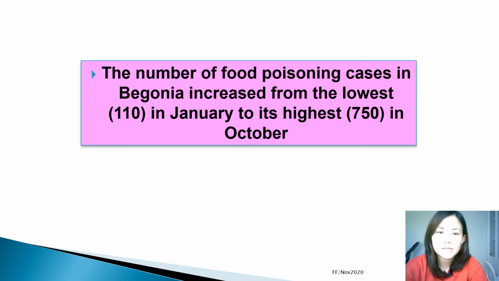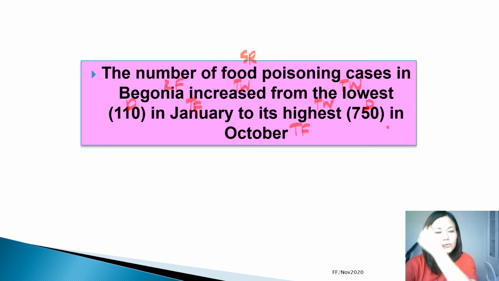How about this one? Number of food poisoning cases in Begonia increased from the lowest in January, 110 in January, to its highest, 750 in October. So the subject reference is correct. Key feature was presented. Trend word, January the time frame, and not to forget the data. Trend word, data, and time frame. The difference between this answer and the previous answer is there's no more word like cases here.